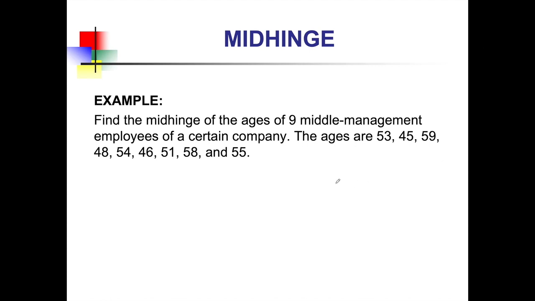Sige, let's start. For the formula ng pagkuha ng Midhinge, i-write ko lang dito. Midhinge equals Q sub 1 plus Q sub 3 all over 2. Since we already have the computation for this ungrouped data in our previous topic, ang Q1 natin that time is 47.